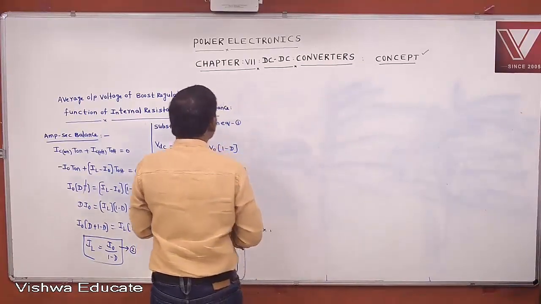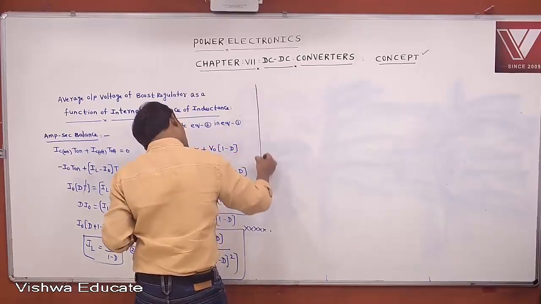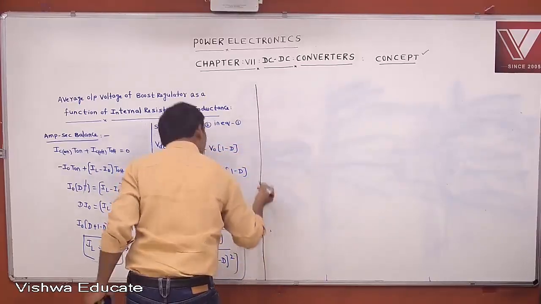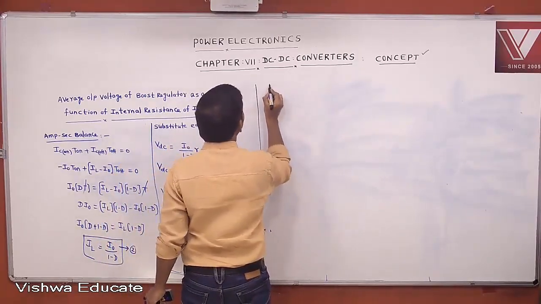Now you tell me, what is the expression for average output voltage we are getting as a function of internal resistance of inductor?